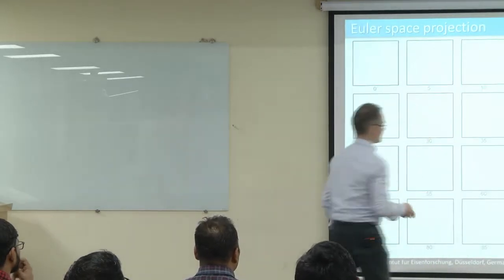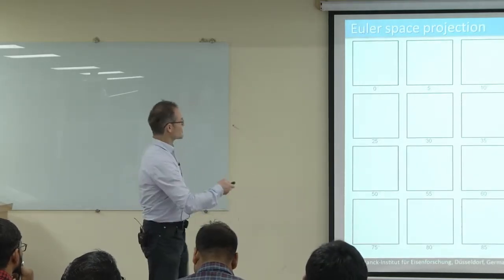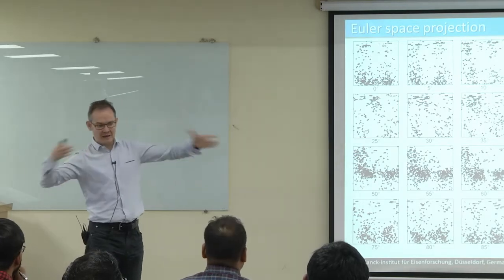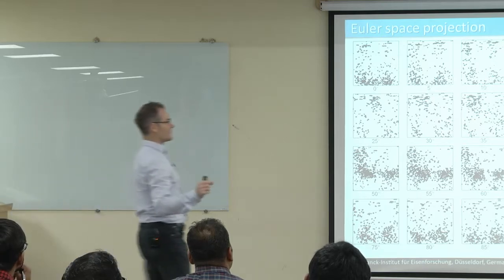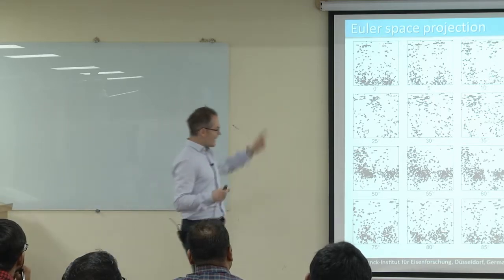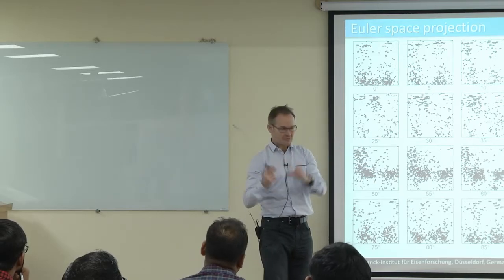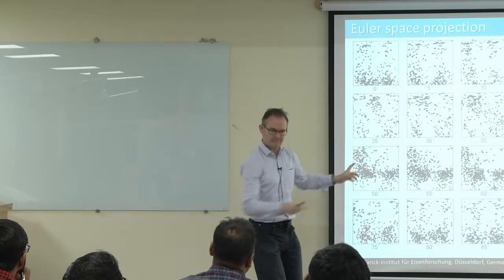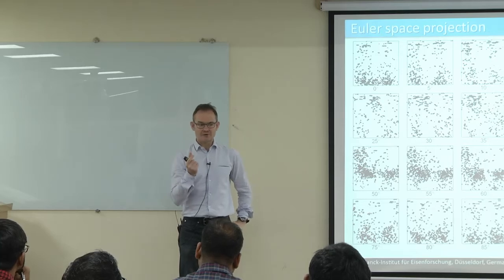Every point in Euler space corresponds to an orientation, and you remember, if you have measured many crystals, then you get lots of points. Once again, be aware: every point corresponds to one well-defined orientation, but one well-defined orientation may correspond to several points in here.